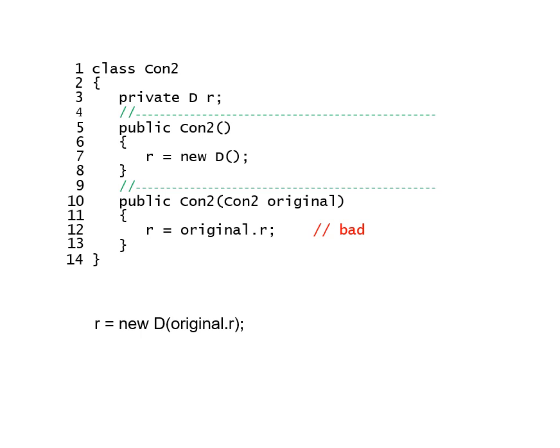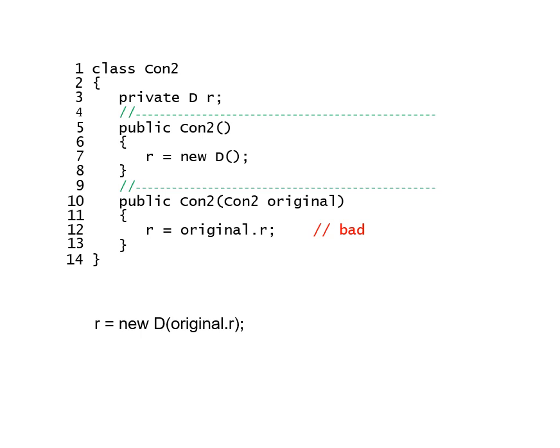And then you assign that to R, which is the R, line 12, the left-hand side R. That's the R in the new one. So you have the R field in the new one pointing to a brand new D object, which is identical to the D object in the original one.